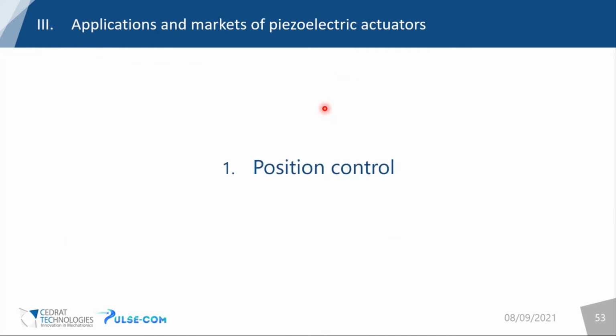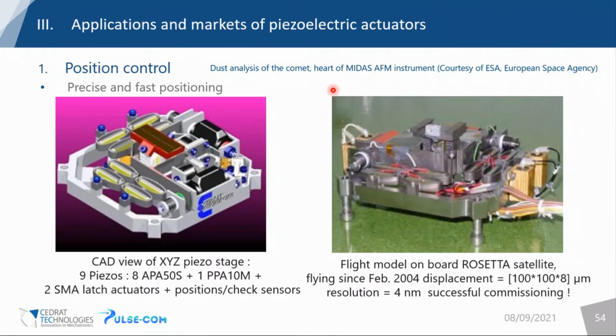So for position control, I've chosen to present this piezoelectric actuator. You have here 8 APAs, which stands for amplified piezo actuators, and 1 PPA, which is a CTEC standard actuator used as a parallel pre-stressed actuator.